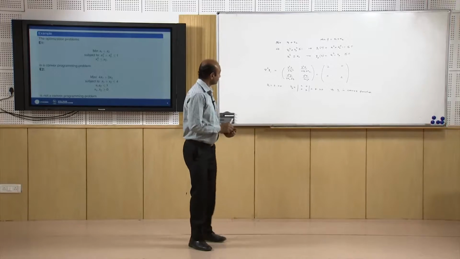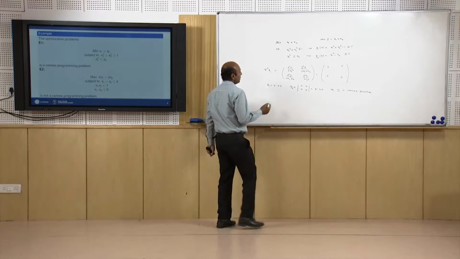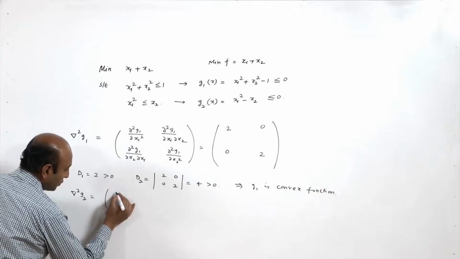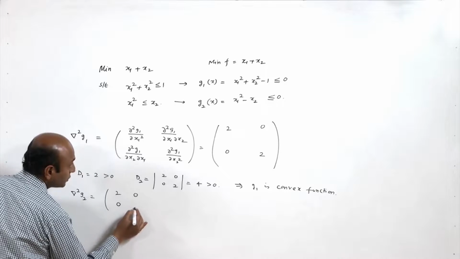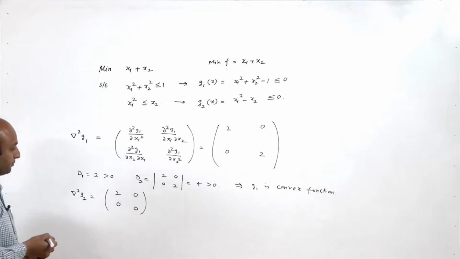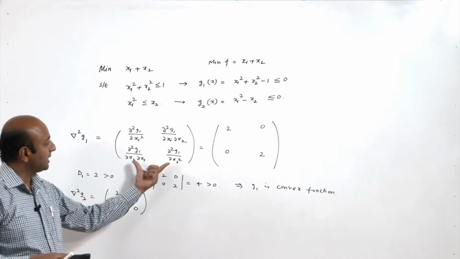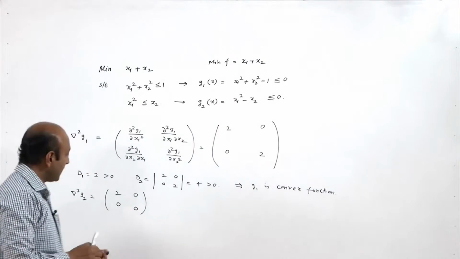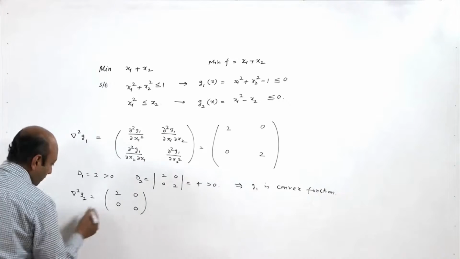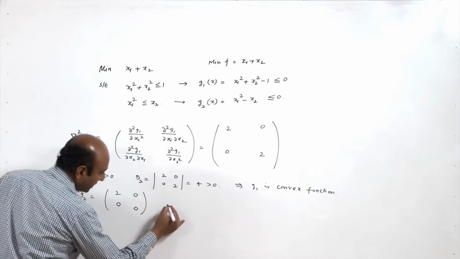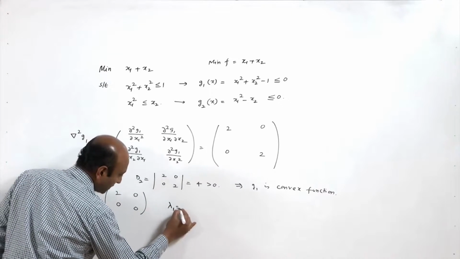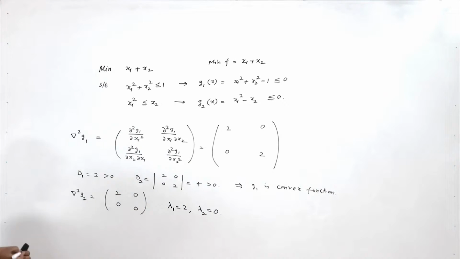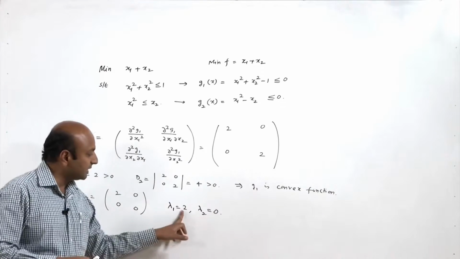Now, similarly, you take the second constraint. The Hessian matrix of the second constraint is 2 0 0 0, using the same structure. We can find the Hessian matrix of G2, and the eigenvalues of this are 2 and 0. We can simply see because it is a diagonal matrix, and the eigenvalues are greater than or equal to 0.